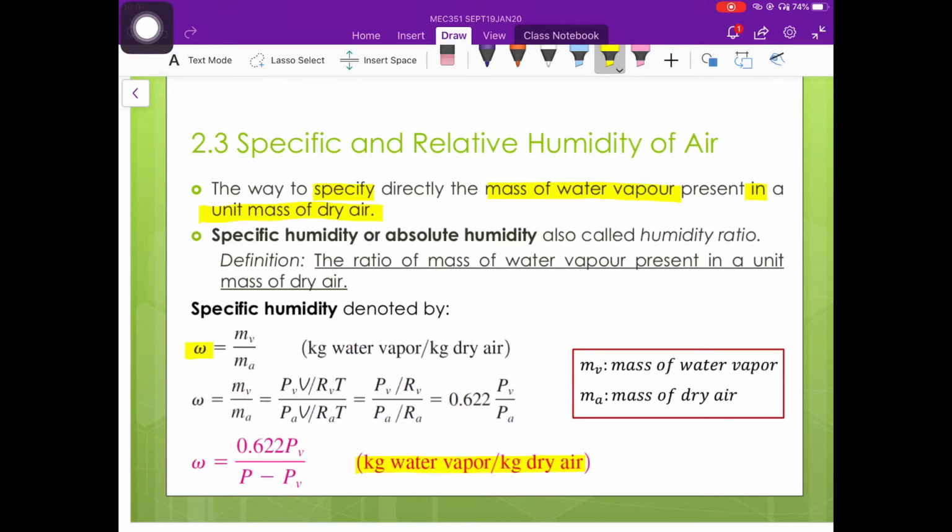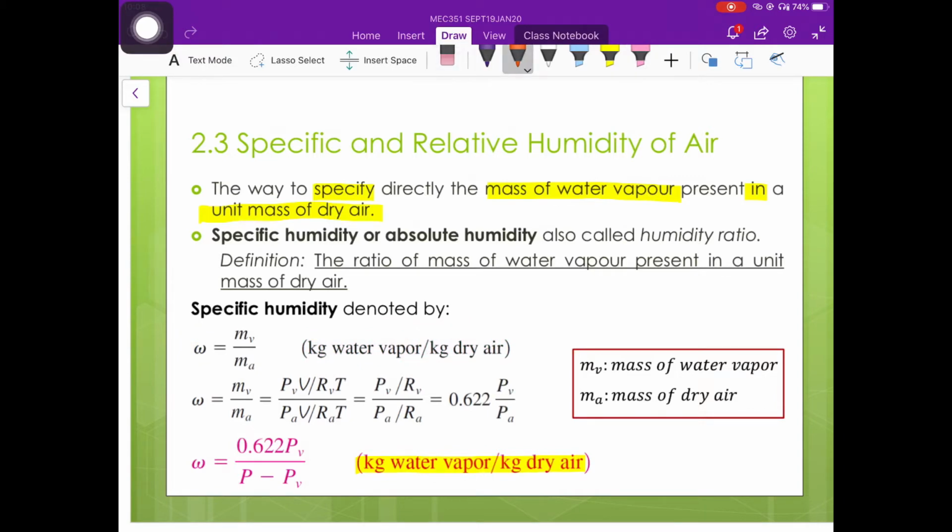Although it is a mass ratio, since it is a ratio of two different substances, the first one is the water vapor and the second one is the dry air, therefore you're going to have the unit of kilogram of water vapor over kilogram of dry air.